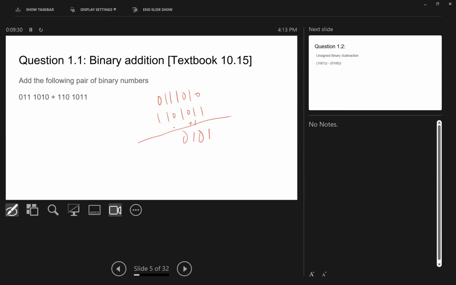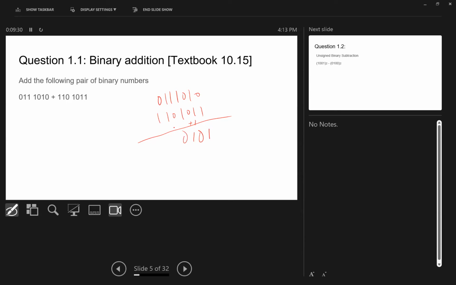So for the positive numbers, the MSB is equal to 0. The decimal representation of these twos complement numbers can be gotten from this equation, right? And if the twos complement number is negative, namely the MSB is 1, we get this equation.